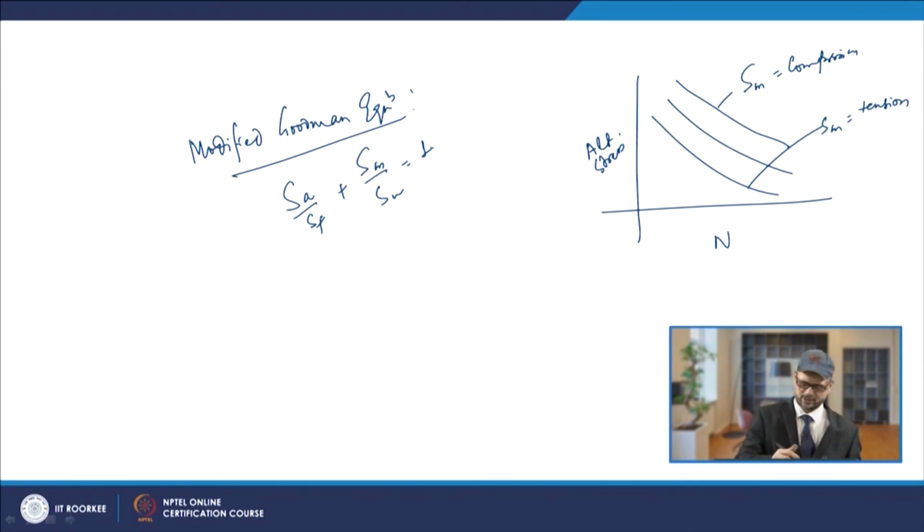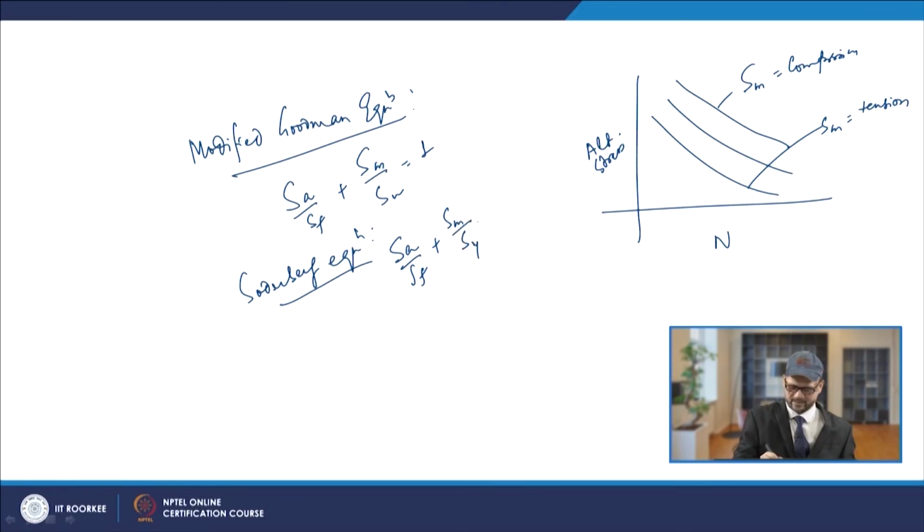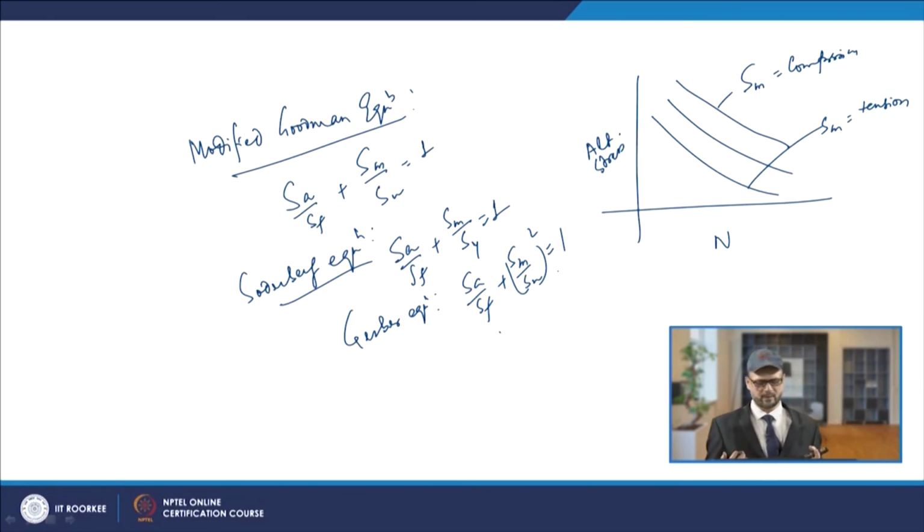Similarly, you have the Soderberg equation: SA by SF plus SM by SY equals 1. Similarly, you have the Gerber equation: SA upon SF plus SM upon SU raised to the power 2 equals 1. This way you have these relationships by which you can measure.